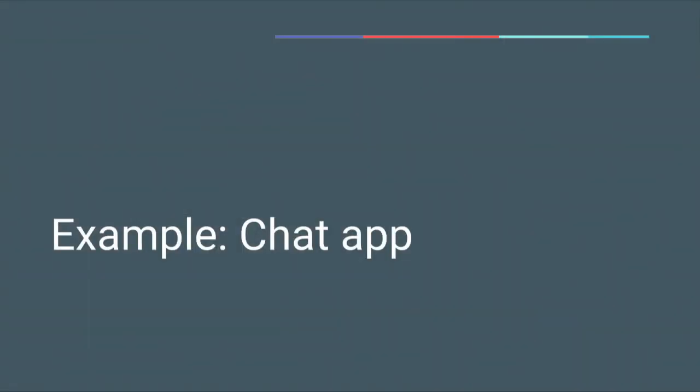OK, so let's put together all of the principles that we've just talked about and see what it'll be like to make standalone apps in Wear 2.0. We'll start with a chat app. For this example, I'll assume that you've already got an existing Android phone app. It's at production quality, it's public, and you have a fairly big user base.